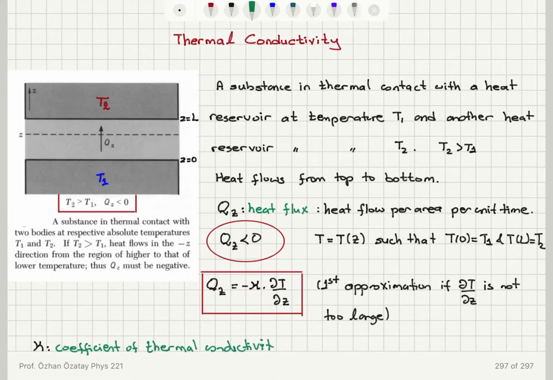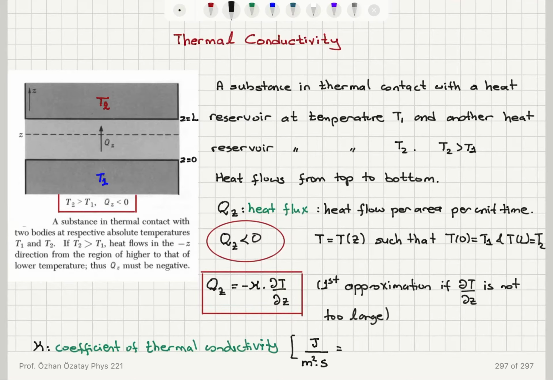and if we do a dimensional analysis on this equation that defines the coefficient of thermal conductivity, we have the heat flow. So heat is a type of energy, so it's measured in joules or calories, and joules per area, meter square, per unit time, second.